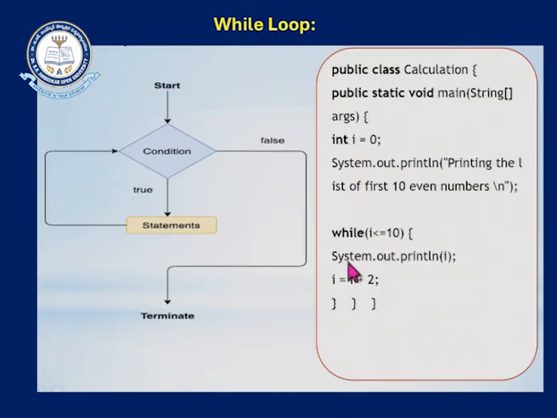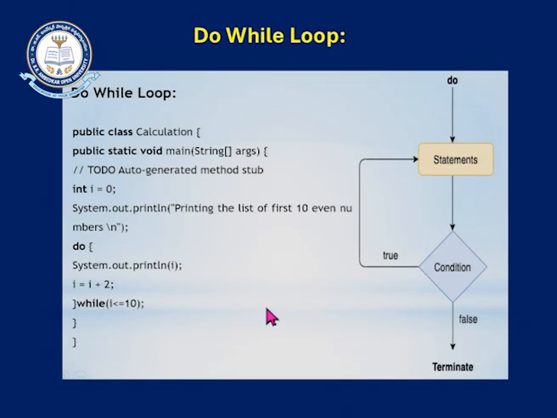Only when the condition is true is the statement displayed. So it also performs the looping operations. And finally, we have the do while loop, where first the statements are executed, then the condition is checked. The only difference between while and do while is this. In do while, the statements are executed first, then the condition is checked. If the condition is false, then the process is terminated.